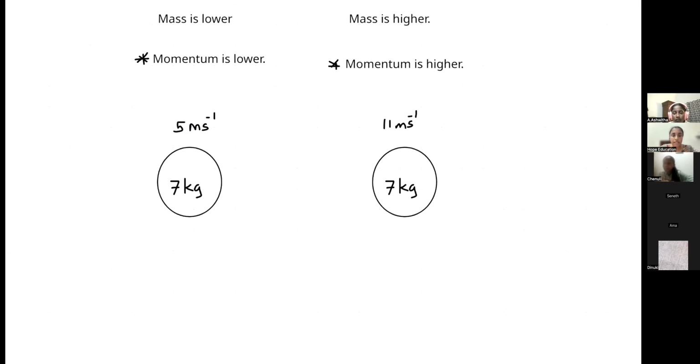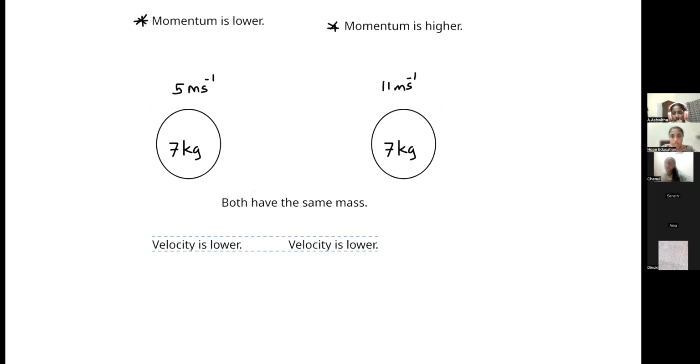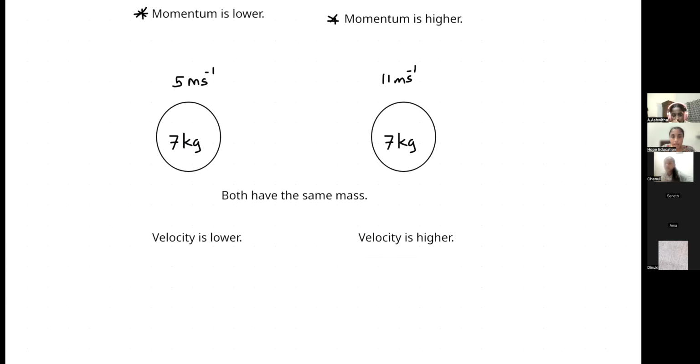So in this case, both have the same mass, but this velocity is lower and this velocity is higher. Because velocity is higher, we say the momentum is higher, since it is difficult to catch. So this momentum is lower.